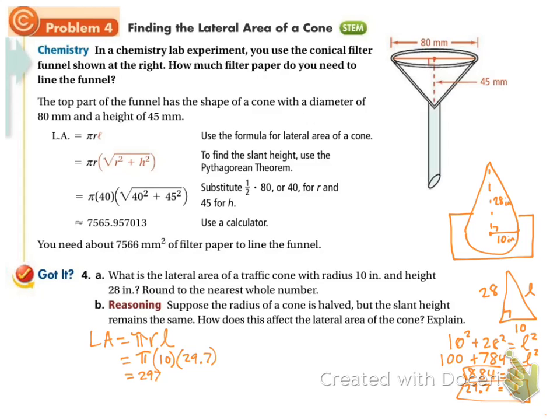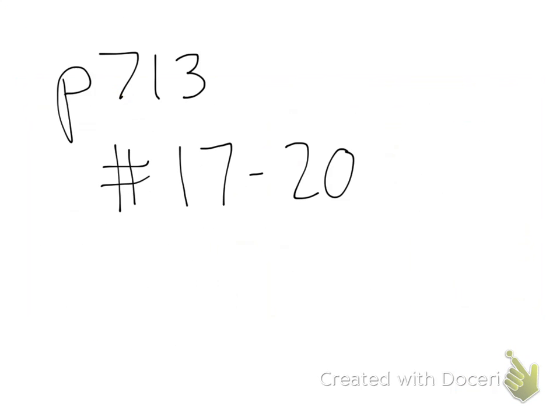So 297 pi, and we're using inches, so that'd be inches squared. And then I'm going to do it on my calculator. So 297 times pi gives me 933.1 inches squared. And there's your homework.